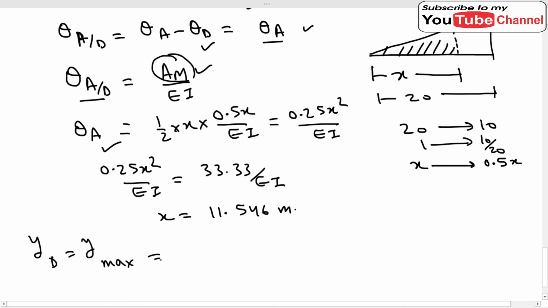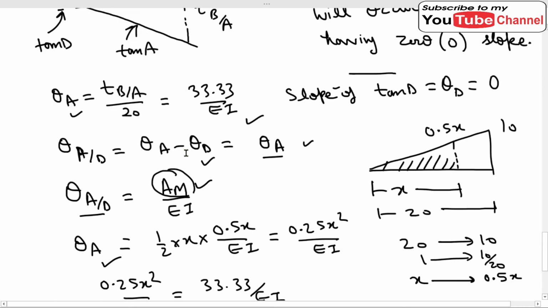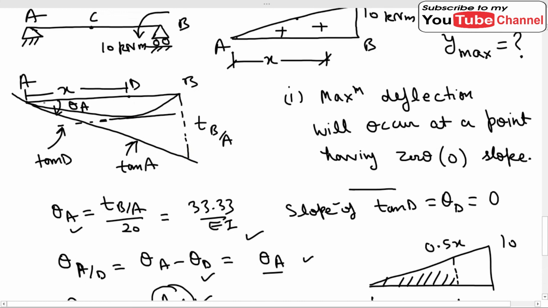So if we see the geometry of this figure, this is the tangent. If we extend the tangent at D, this tangent has zero slope. So what is this? This is t A over D. It means the tangential deviation of point A with respect to the tangent drawn at point D. We know that this tangent is horizontal.